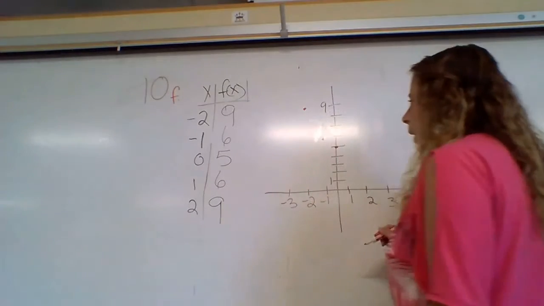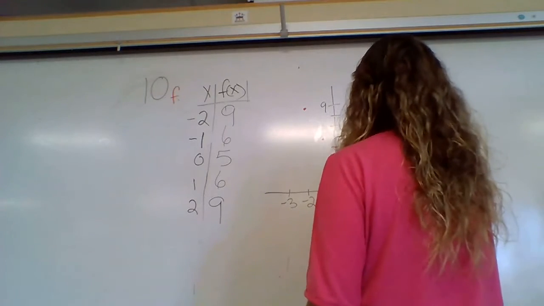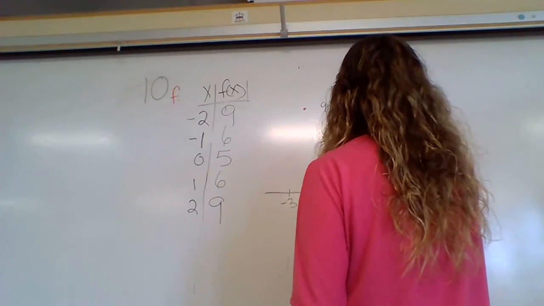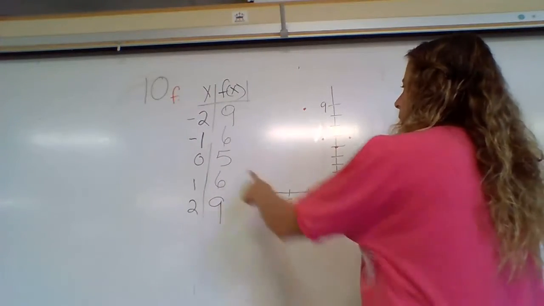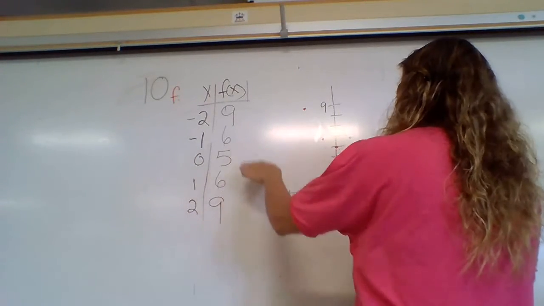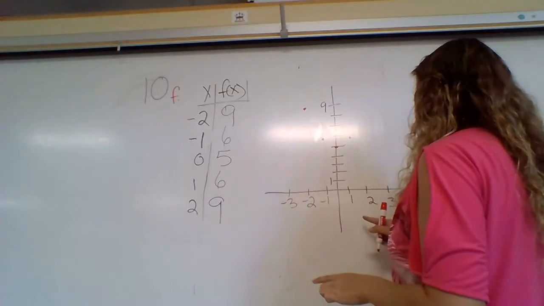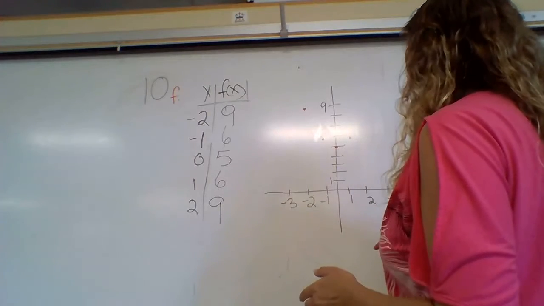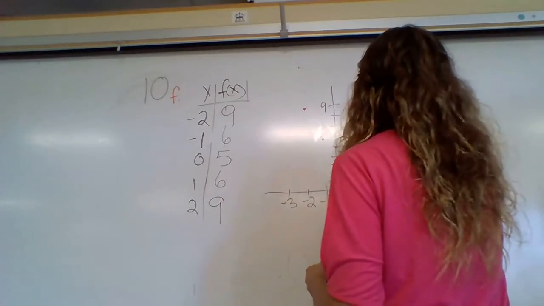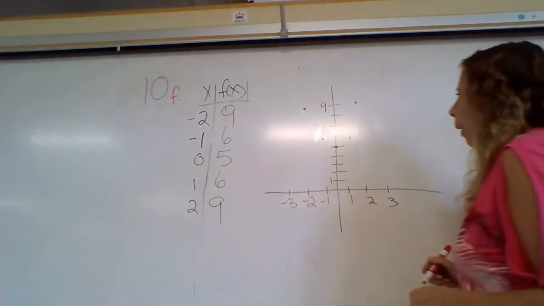And then 1, 6. So negative 1 and positive 1 both have 6 as their y. And then 2, 9. Ta-da! And now we're going to get a little parabola.